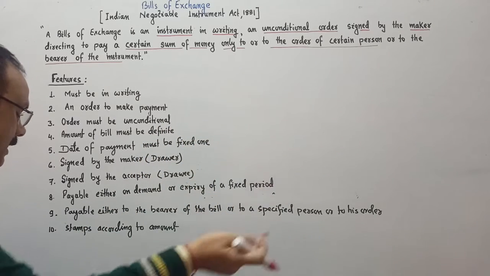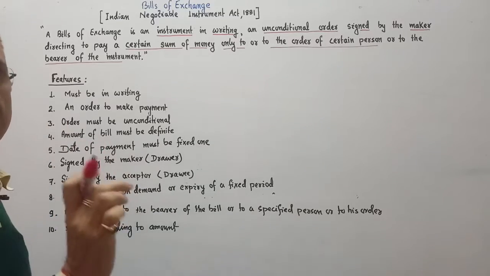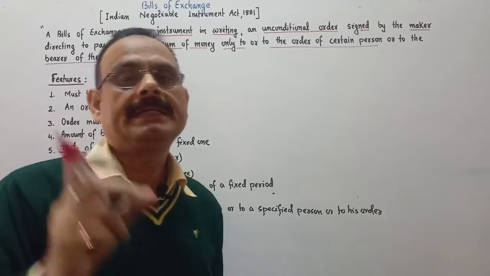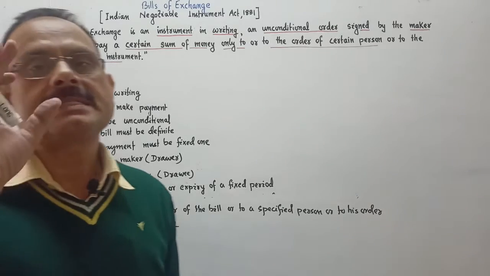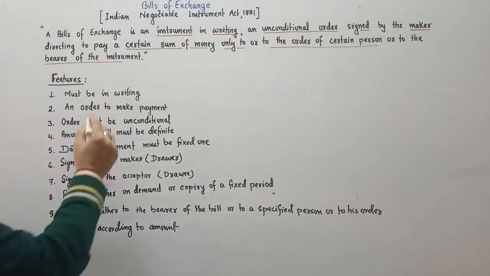And the next and last is stamps according to the value of the bill, or it may be drawn on a stamp paper. So is it clear? These all points are clear.